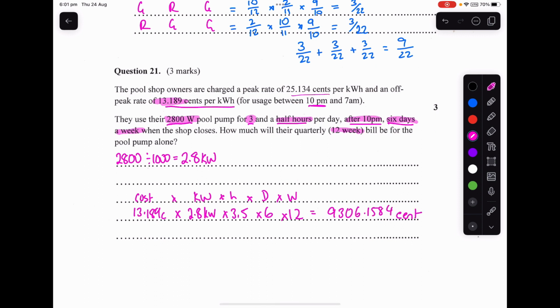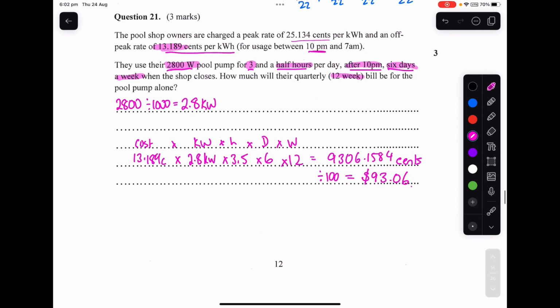Remember, this is in cents, so we need to divide that by 100 and round it to 2 decimal places because we're talking about money. So we get $93.06. Now, you don't have to do it all in one go, but when there's not too many conversions to do, it's okay to do it all in one go if you want to.